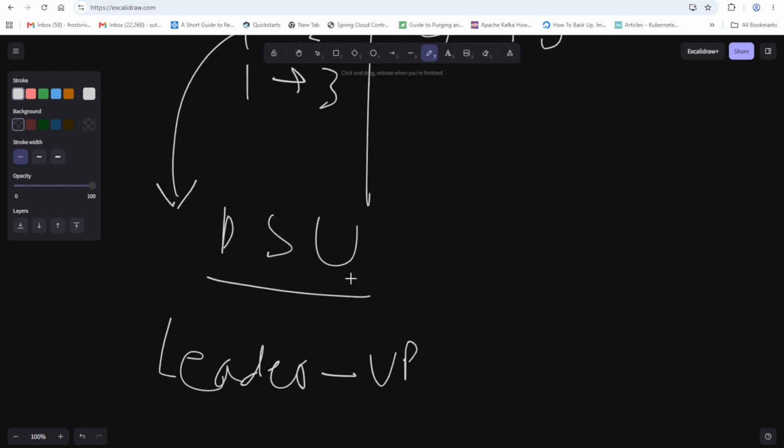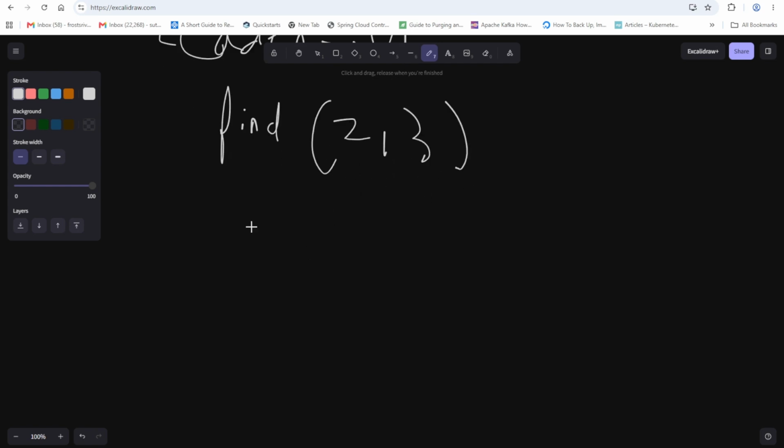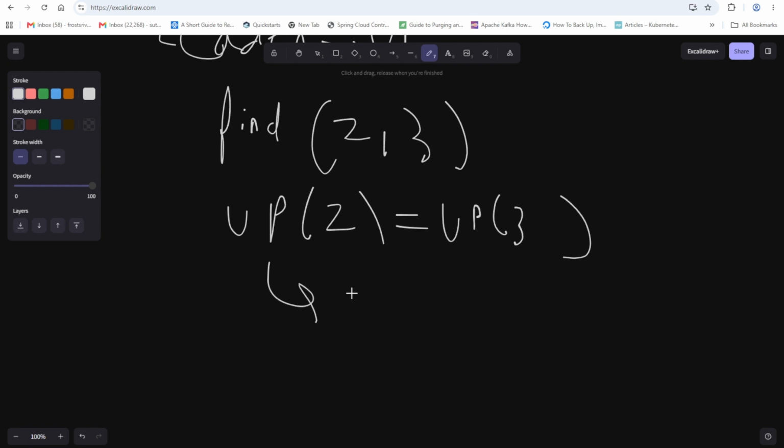Now suppose somebody asks us to find whether 2 and 3 are connected. Then what we can do is check whether their leader, or ultimate parent, is equal. If we can find the ultimate parent of 2 and the ultimate parent of 3, and they are equal, then it means they are connected.